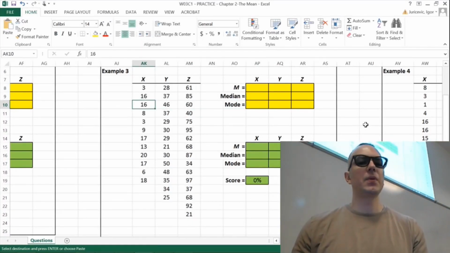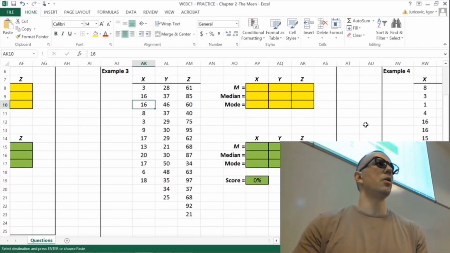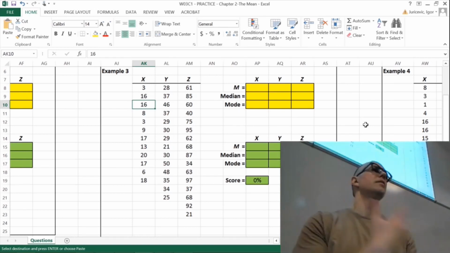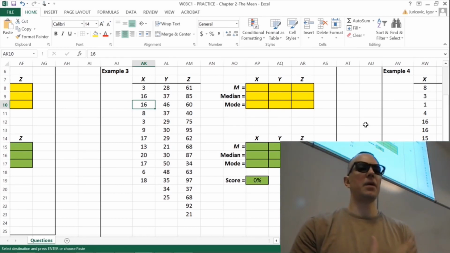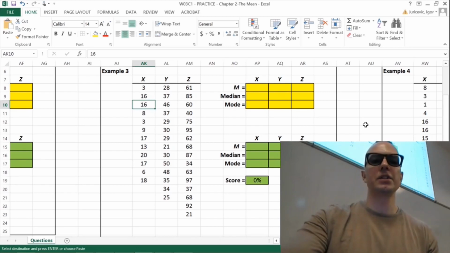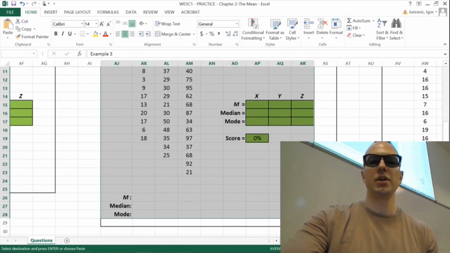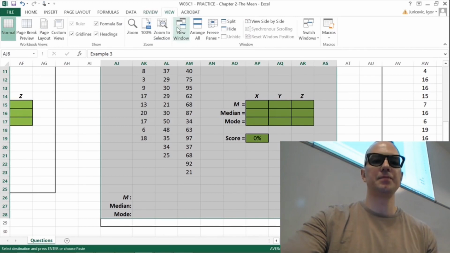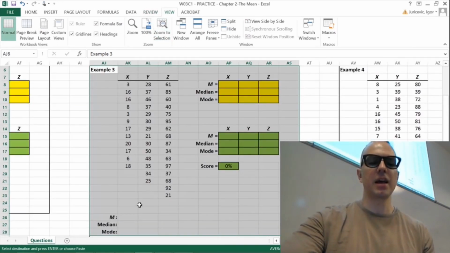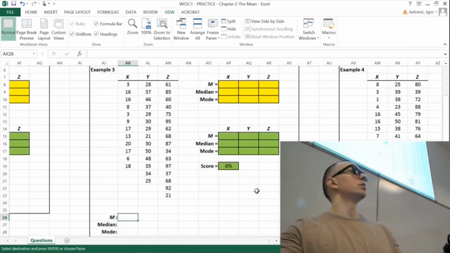Example number 3 is going to be a critical part of your strategy when you're copying and pasting. First I'm going to show you what not to do, and then I'm going to show you what to do. So don't follow along with the not-to-do portion that I'm about to do right now. Just watch, and you'll see exactly what you don't want to do.